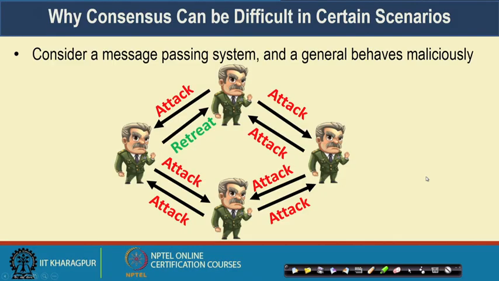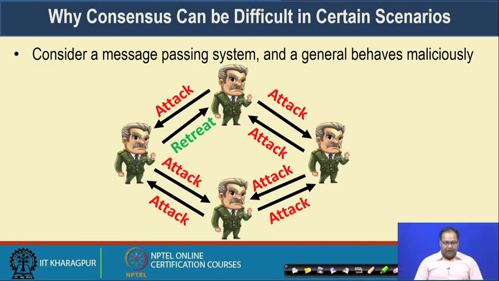So, these are the typical examples of consensus in a traditional distributed system environment. Let us now look into why achieving consensus can be difficult in certain scenarios, typically in a message passing system.